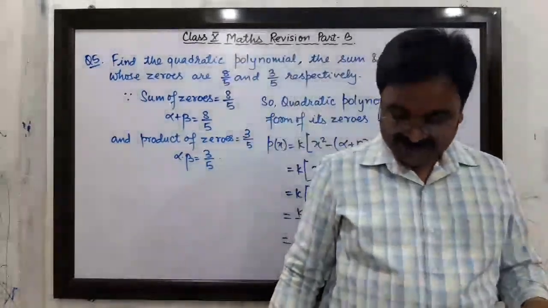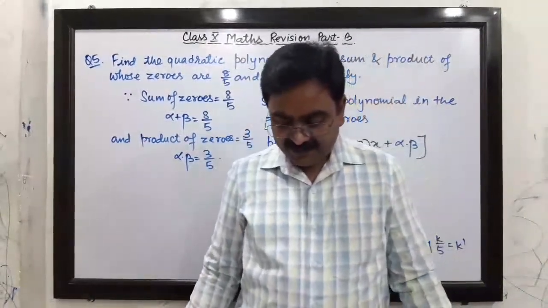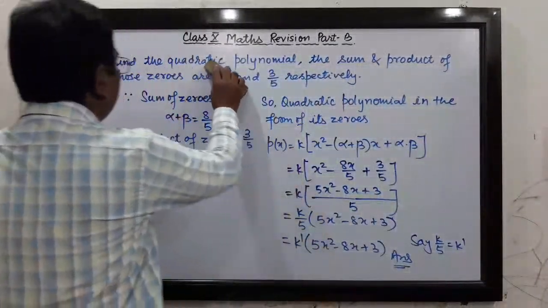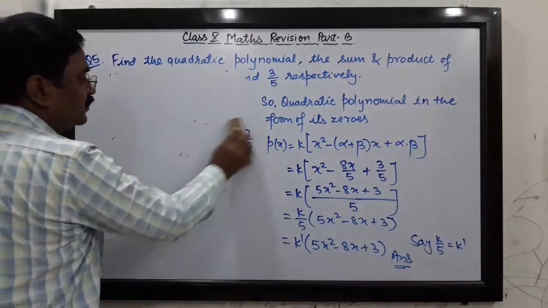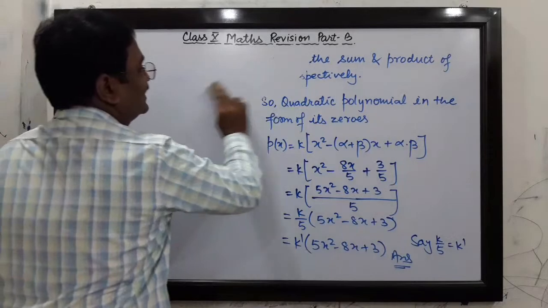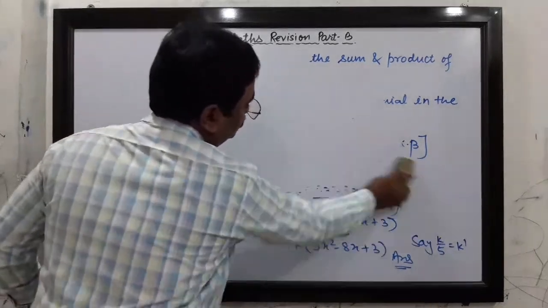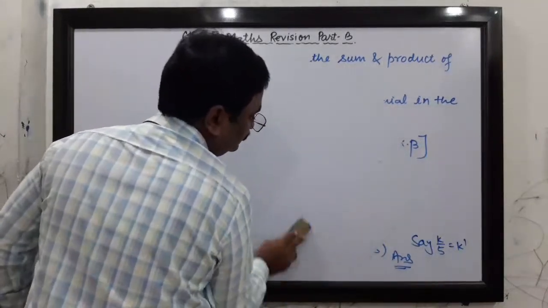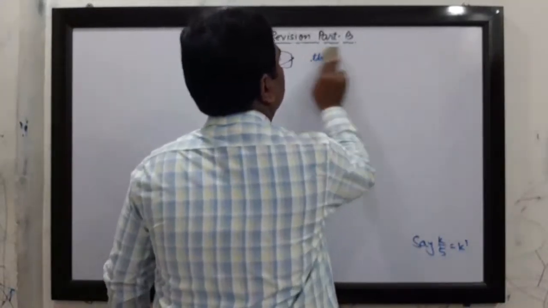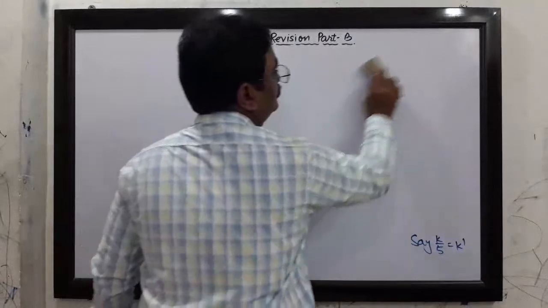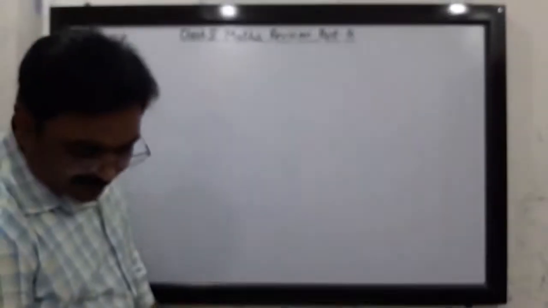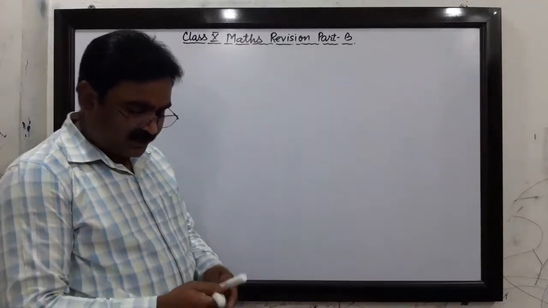क्वेश्चन नंबर 6. Question 6 is: find the sum and product of zeros of the polynomial. Sum and product of zeros of this polynomial we are going to find out. Okay friends, see question number 6.